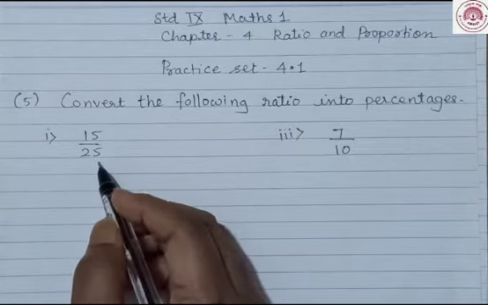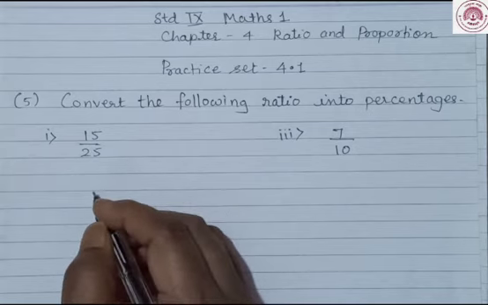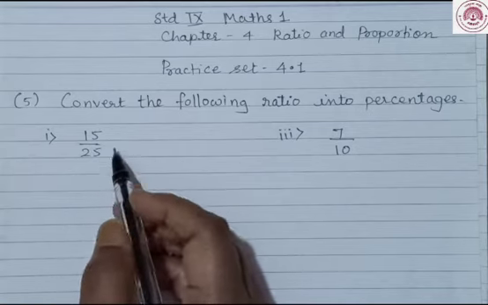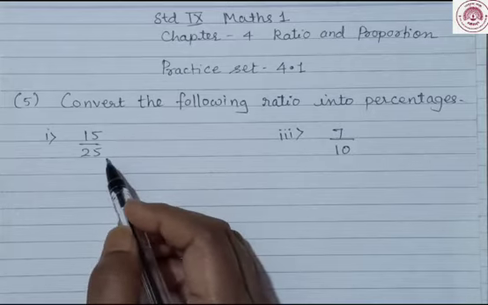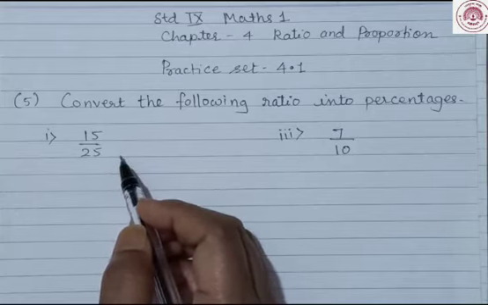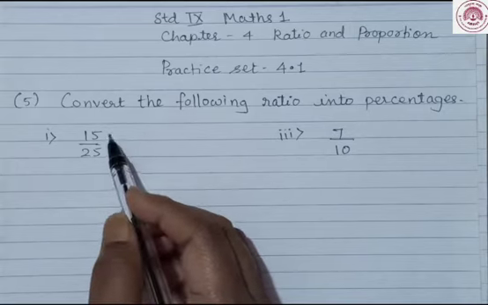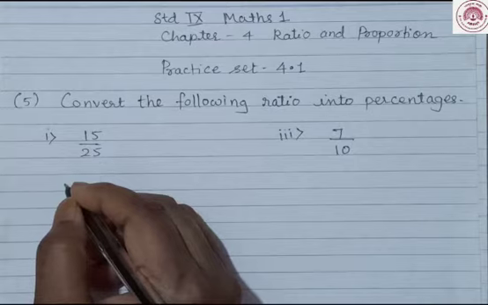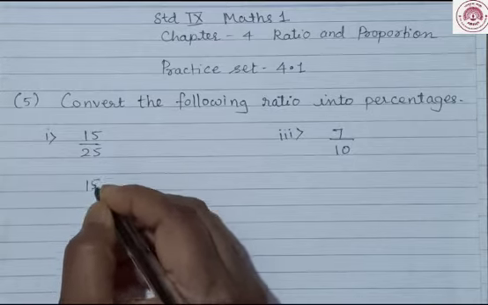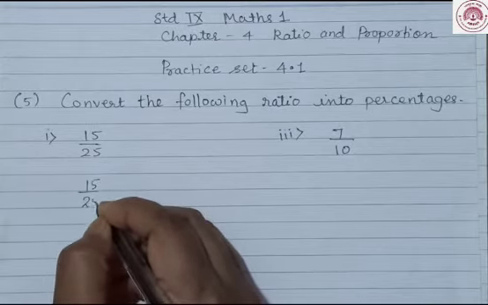Now 25 multiplied by 4 will give us 100, right? So to convert denominator or the successor into 100, we'll multiply the denominator by 4. So we will also multiply the numerator by 4. So let's do it. 15 upon 25.